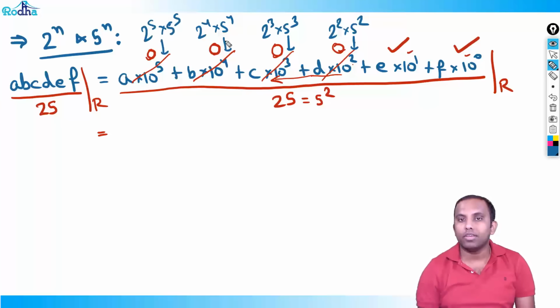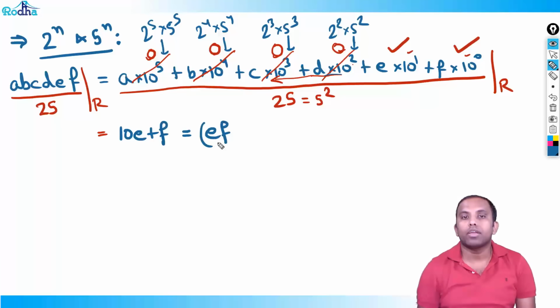You see here, from 10 square, every number contains at least 5 square, so it will completely cancel and the remainder is 0. What are we left with? We are left with 10E plus F. That is the last 2 digits, which can be written as EF only.